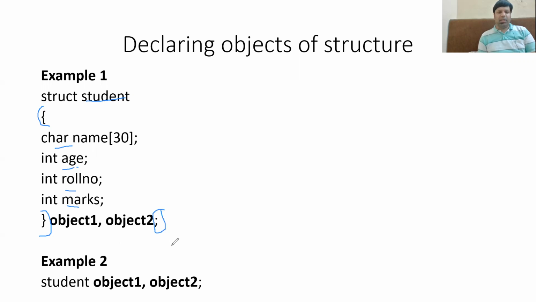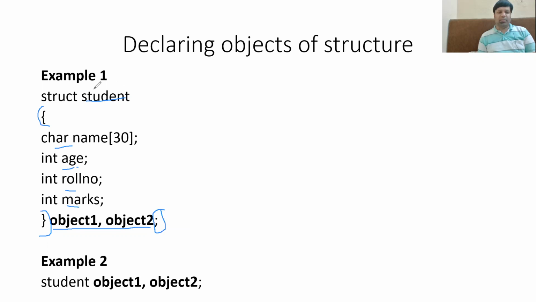But if you want to create the objects of a structure immediately when you are creating the structure itself, then you can give the name of the objects separated by comma before the semicolon.